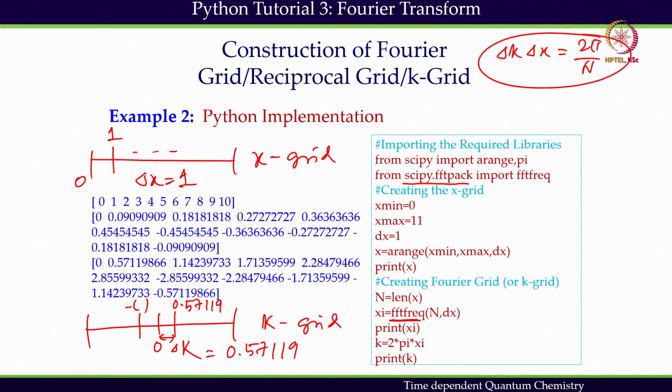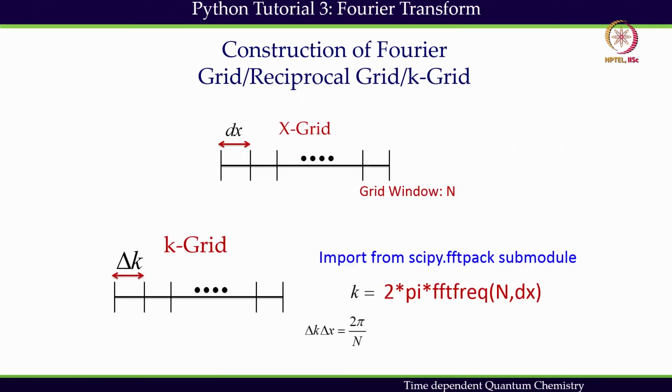So, what we see is that the fast Fourier transform, this SciPy dot FFT pack submodule, one can use this submodule to convert the X space to K grid.